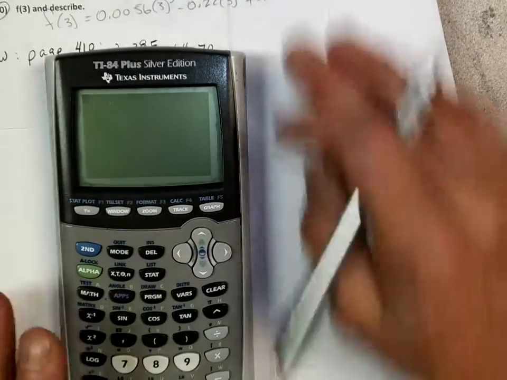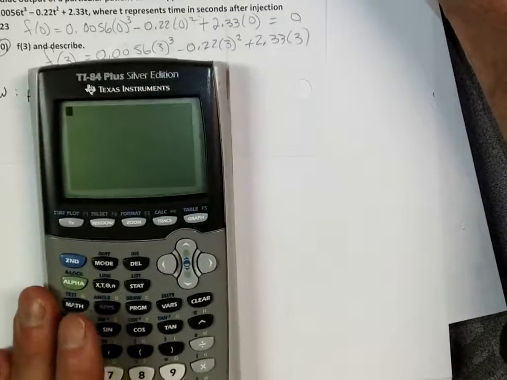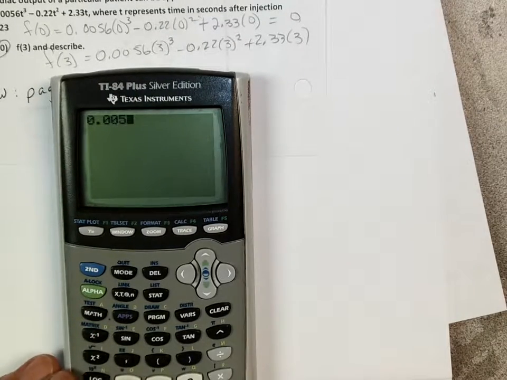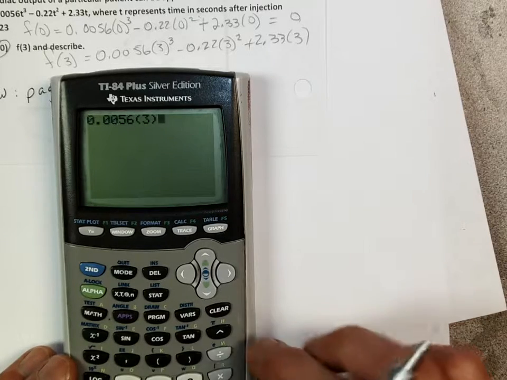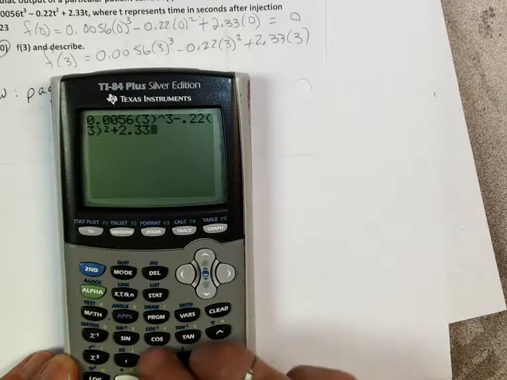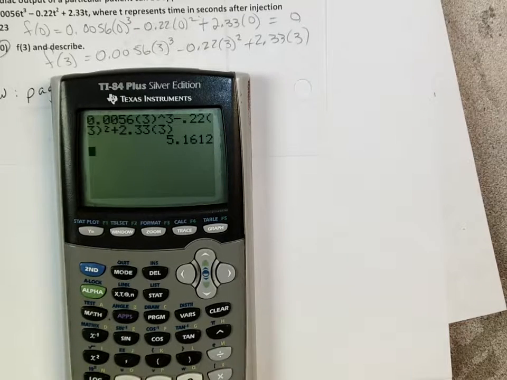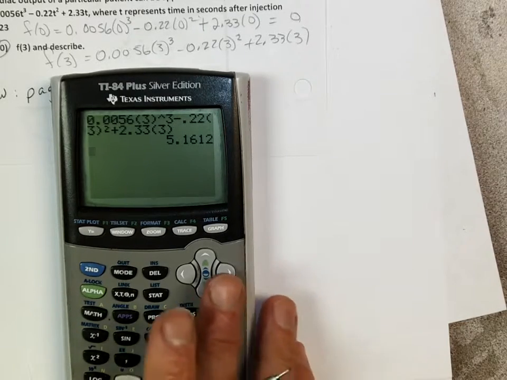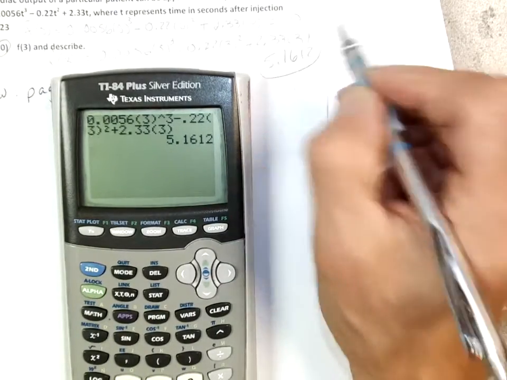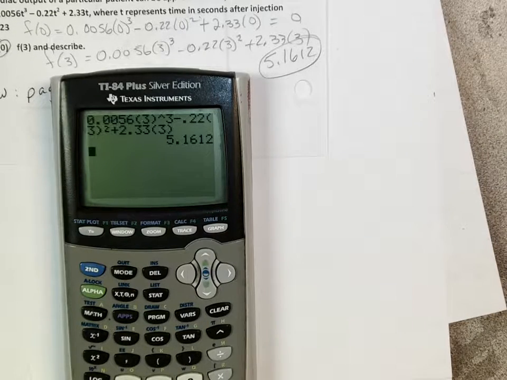So I'm just going to enter 0.0056 times 3 cubed minus 0.22 times 3 squared plus 2.33 times 3. I get 5.16, okay? That's all you have to do? That's it. Wasn't that easy? All right. What does it mean?